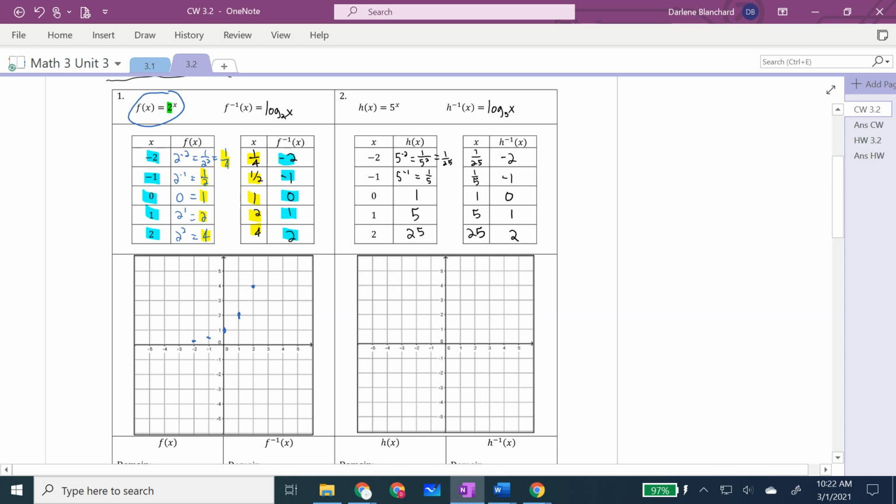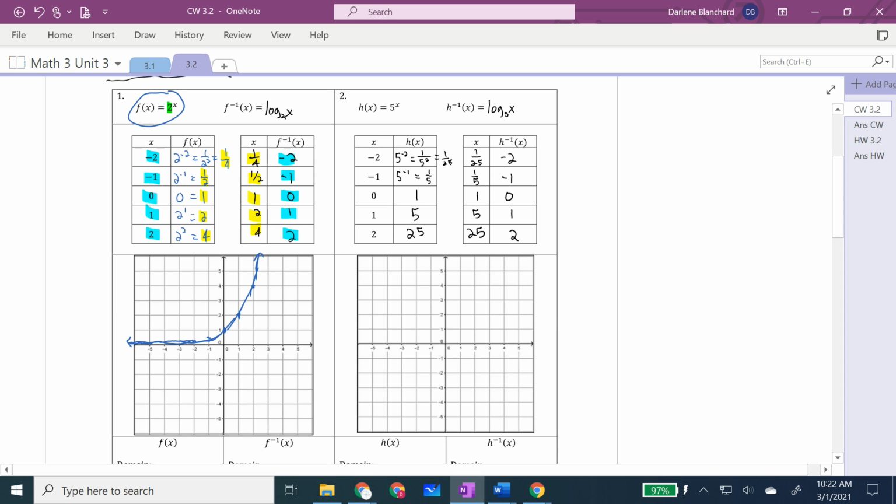I want you to think about what the exponential growth graph looks like and the fact that it's asymptoting over here. So it looks a little bit like that.